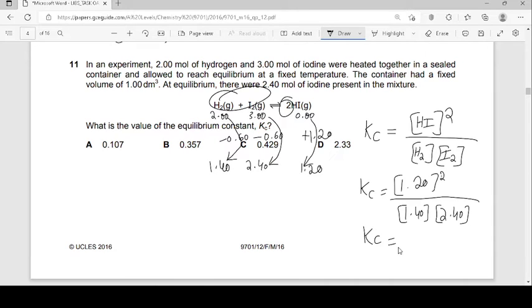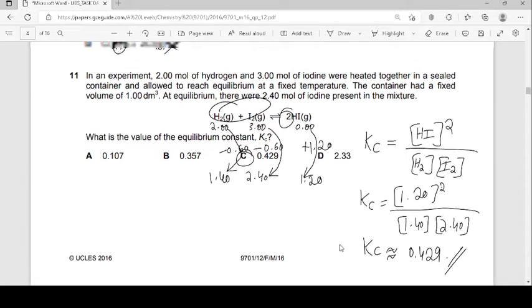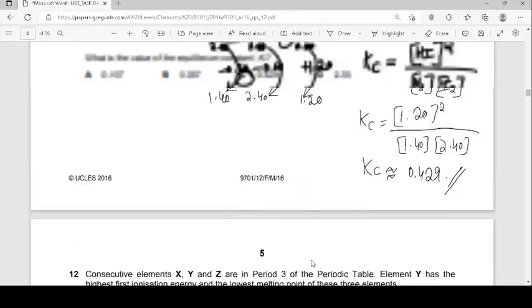With paper 1 I'm just not bothering. Just calculate this out, and it ends up being approximately 0.429, and so my answer is C. Alright, let me just redo it because you never know, you might make a mistake, and I'm getting 0.429 again, so that should be my answer. And next question.